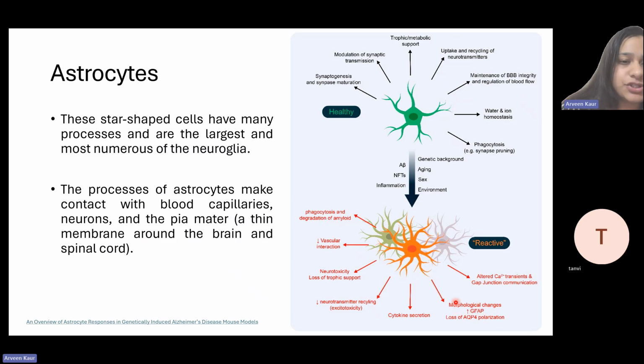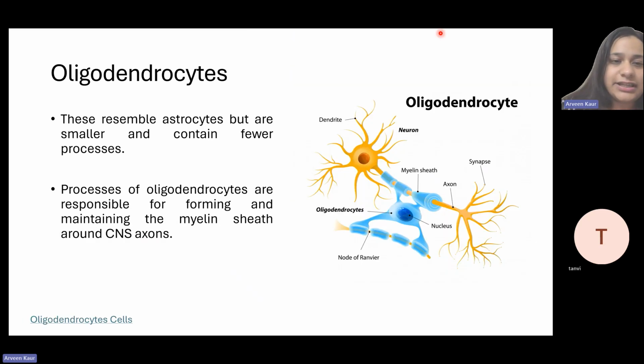So this is a marker for astrocytes, and there is loss of aquaporin 4 polarization, meaning that these aquaporin 4 channels are basically present on the end feet of the astrocytes that lie on the blood vessel, and they are helpful in forming the blood-brain barrier, right? So if the astrocyte is reactive, there is loss of polarization or proper arrangement of these aquaporin 4 channels, that is, the end feet of the astrocytes on this blood vessel, right? So these changes actually occur.